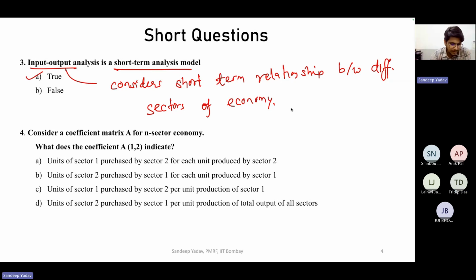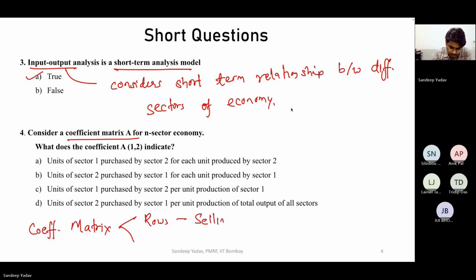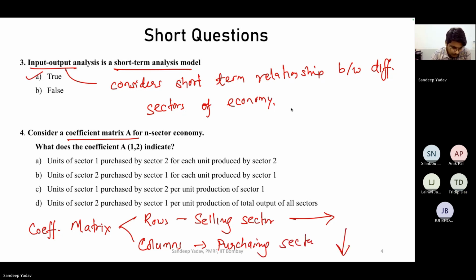When we write a coefficient matrix, rows indicate the selling sectors and columns indicate the purchasing sectors.